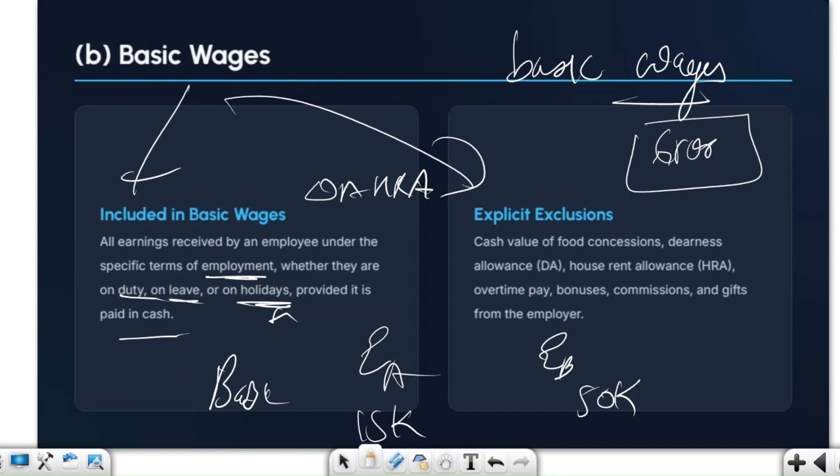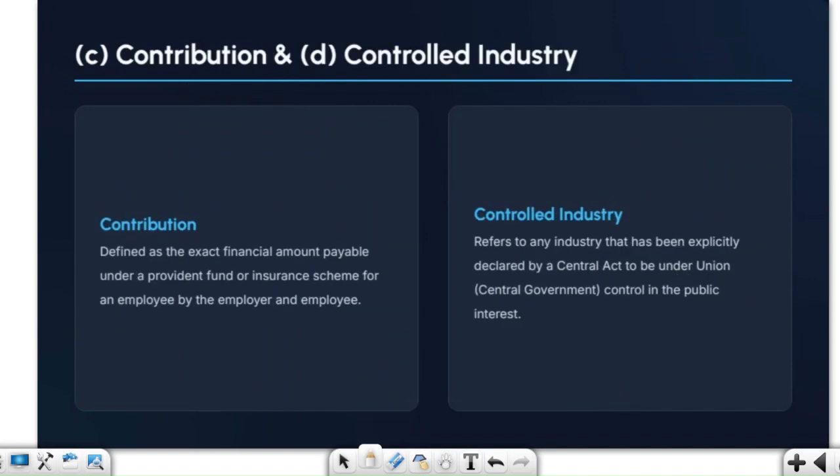It does not mean that basic wages will be 60,000. It may have HRA, overtime, bonus, commission, other allowances. Some of these are excluded from the statutory definition of basic wages. Understood? The cash value of food concession, DA, HRA, overtime pay, bonus, commission, gifts from the employer, all of these are excluded.